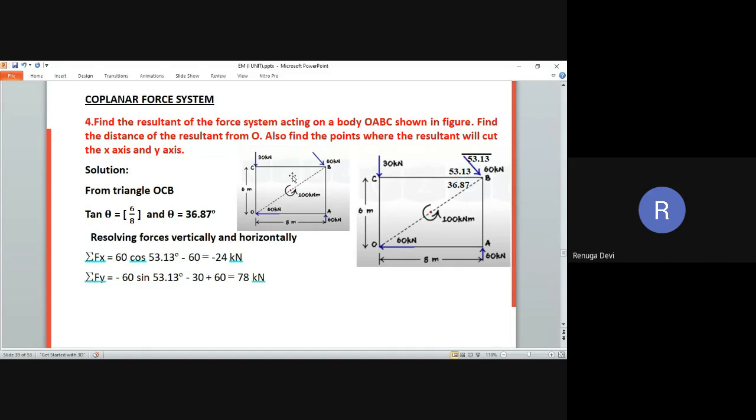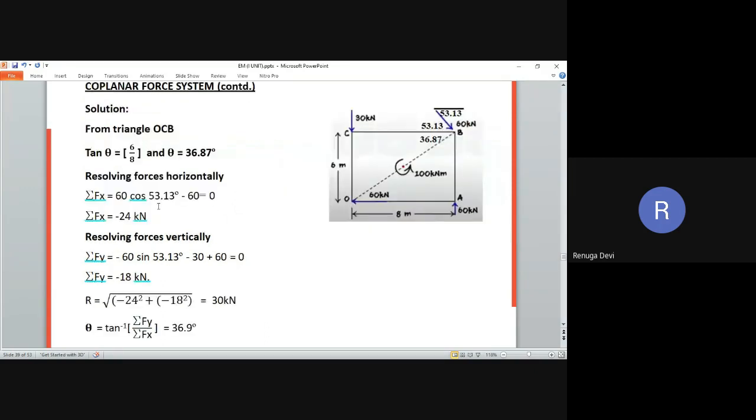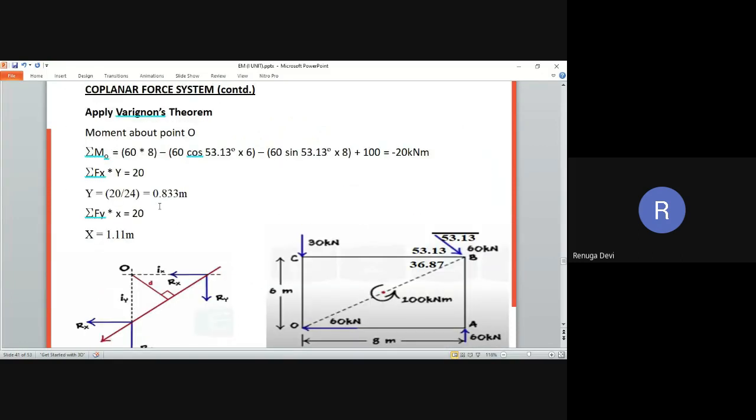Okay, so now the same problem continued here. Now come to this. Till now we have seen the concurrent force system, in a single point. Now we are seeing the coplanar force system. Coplanar means it's like a plane. While a plane is coming, automatically the moment will come into the picture, because all the forces are acting at different points. So you need to take a resultant moment to find out your resultant force. In these cases, whatever we have done, sigma Fx, sigma Fy, everything comes into the picture.